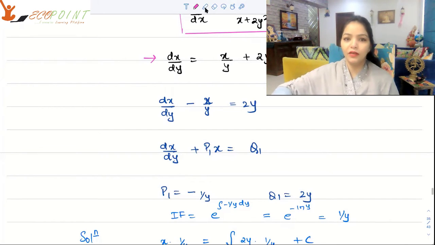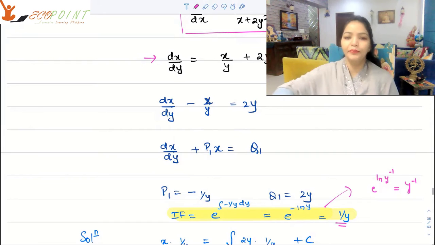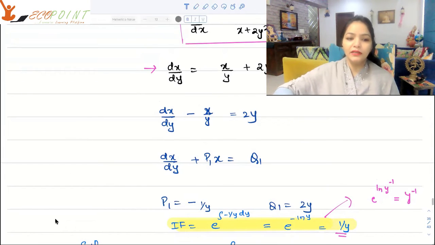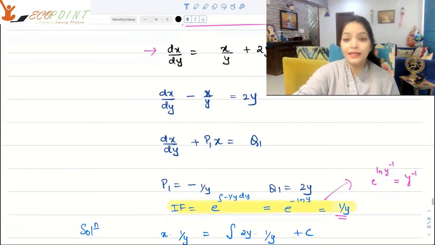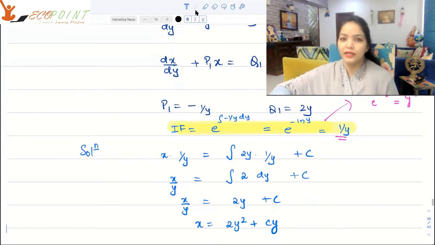So it will turn out to be e to the power minus log y, which is e to the power log of y to the power minus 1. Since e and log are inverses, this is just y to the power minus 1, or in other words, 1 by y. Multiplying throughout by it, remember this time you are looking at dx by dy instead of dy by dx, so it will be x into the integrating factor.